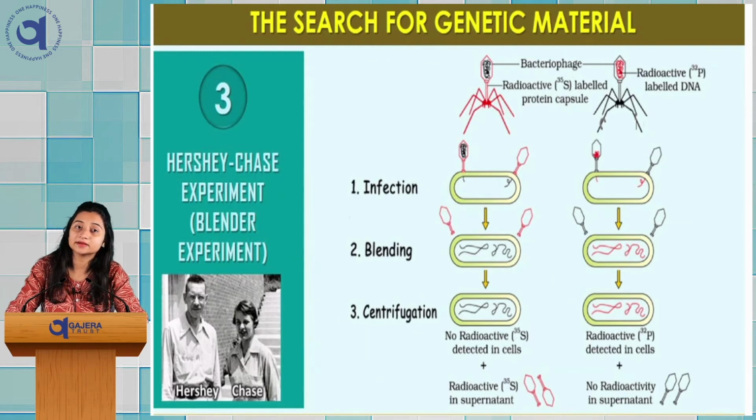And then in the third step, when centrifugation happened, things got separated on the basis of size. In the supernatant, the virus body was available, which was made up of protein and contained the radioactive material, while the sediment that contained the bacterial body had the radioactive phosphorus in it.